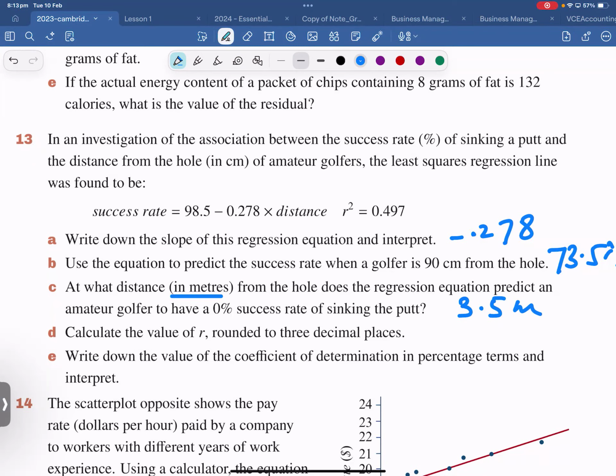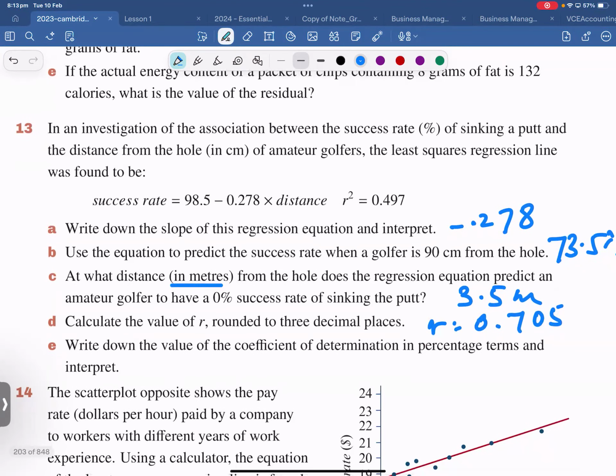Calculate the value of R rounded to 3 decimal places. What's the R, guys? 0.705.